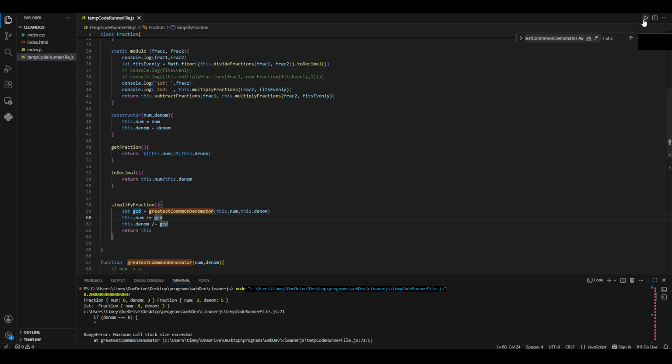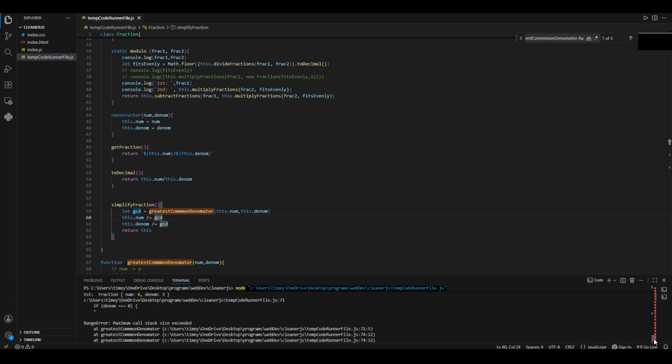So it's something with simplify fraction, because that's not running.